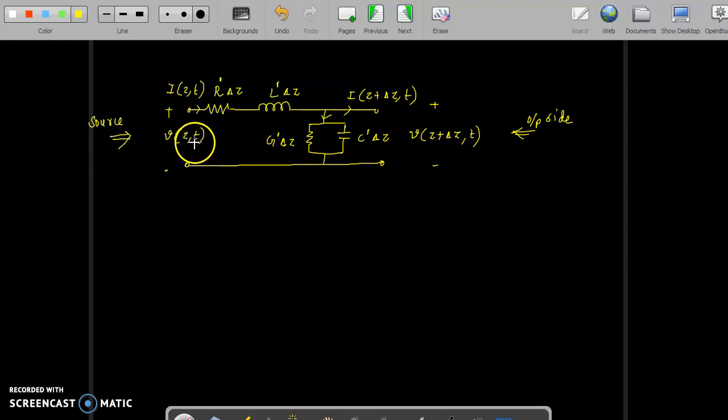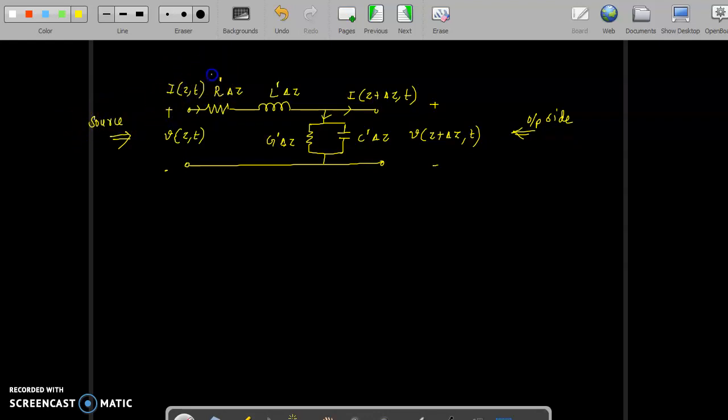So apparently what will happen? There is a flow of current from one end to the other end. The current is also expressed using Z and T. It is also a function of Z and T, and here the current is represented as I(Z,T).